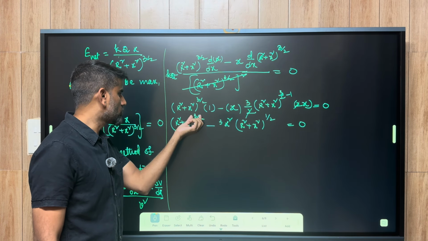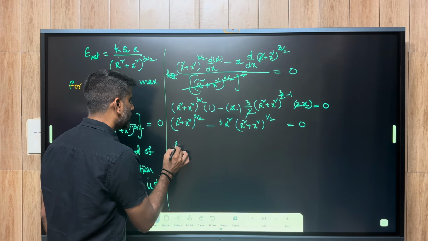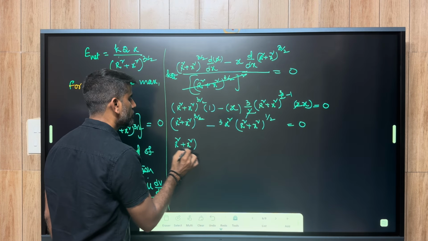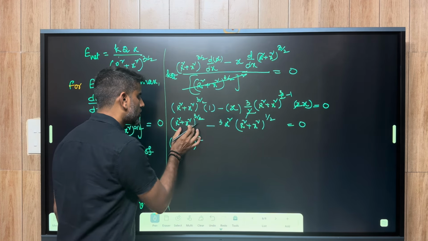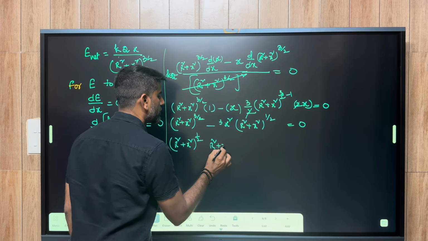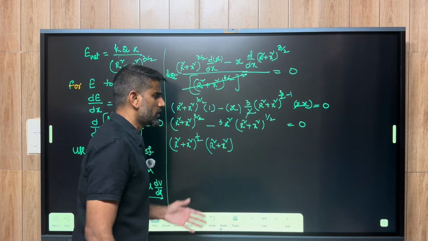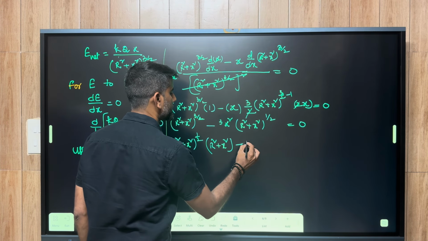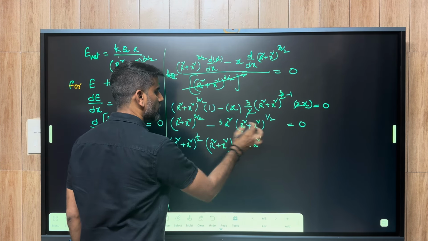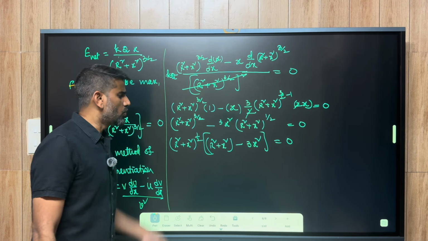Now (r square plus x square) whole to the power 3 by 2 means whole to the power 1 plus 1 by 2. I can take (r square plus x square) whole to the power 1 by 2 as common. What are we left with? R square plus x square whole to the power 1. I am not writing the 1 here because we already know. Minus 3x square, because this is already taken common, which is equal to 0.